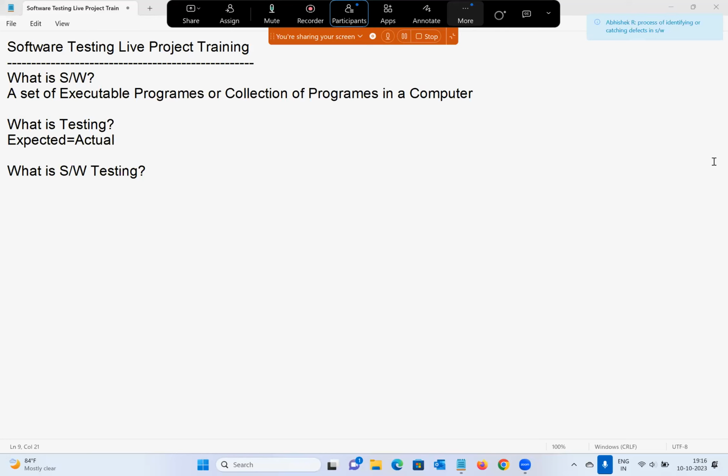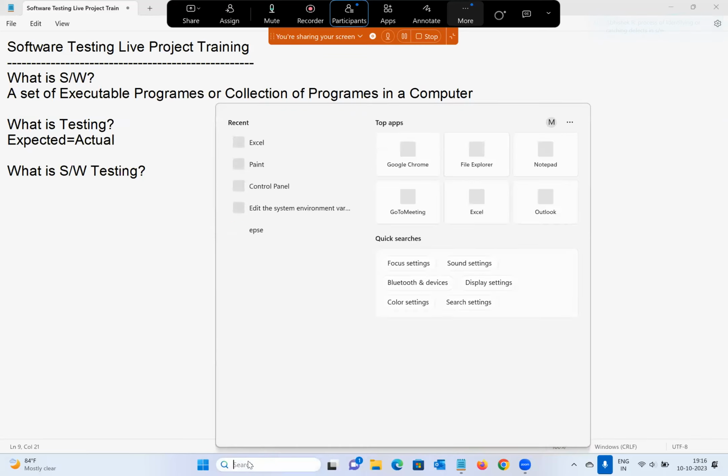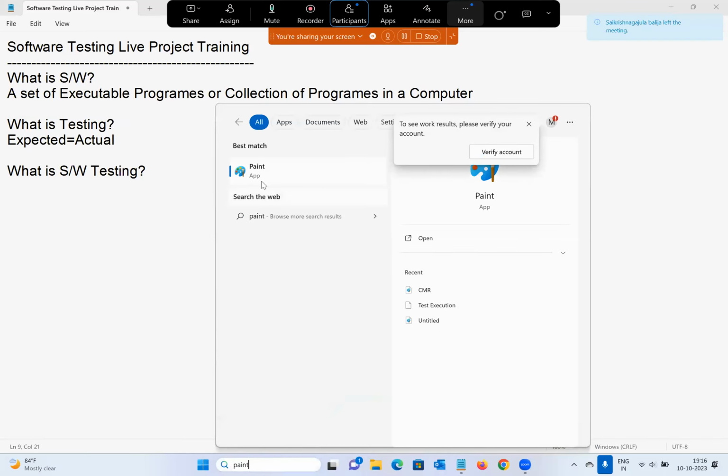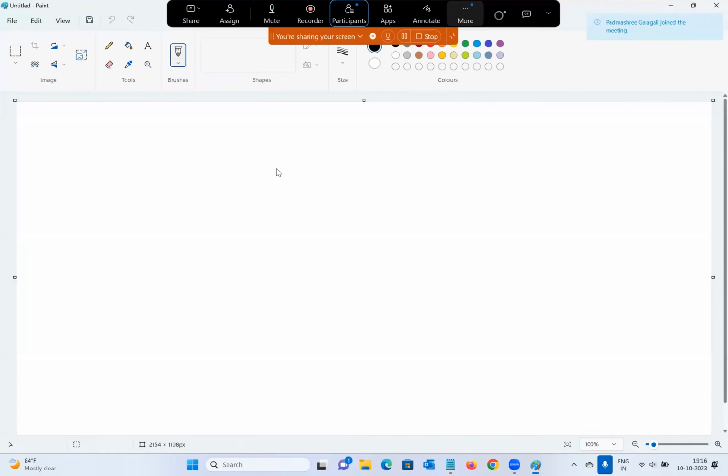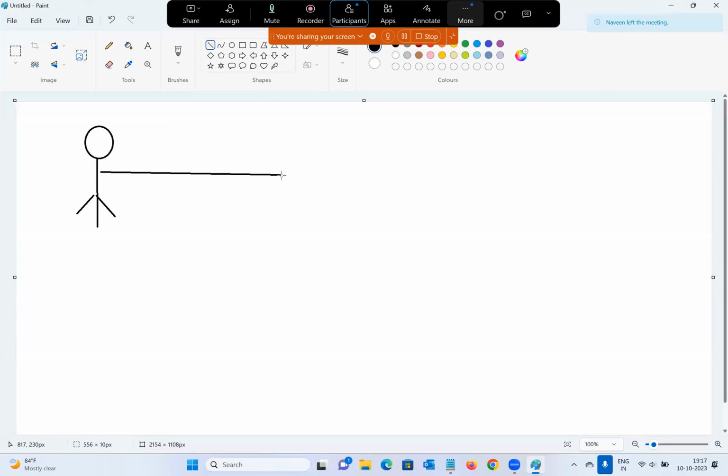What is software testing? I'll show one small diagram, guys. If you understand the diagram, then you can easily understand the definition of software testing. First of all, we are calling the client also called the customer. The client will provide requirements to the developer, also called the programmer.